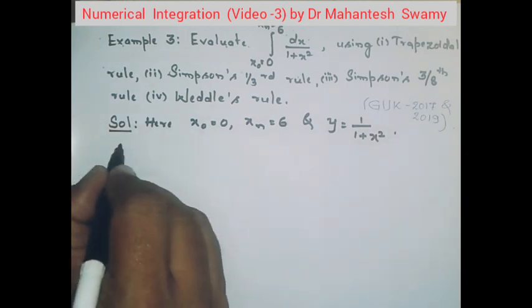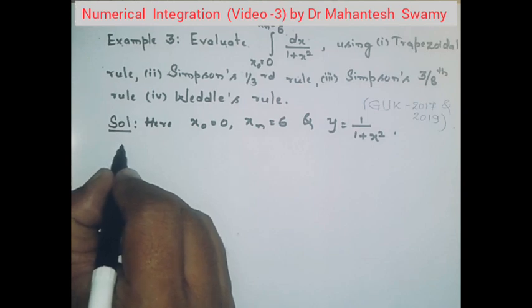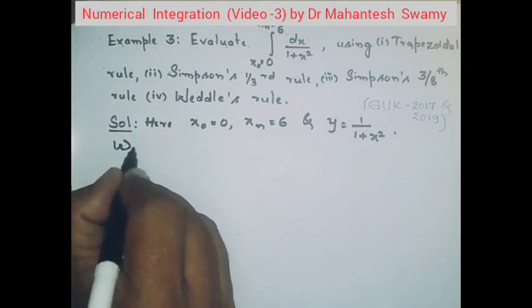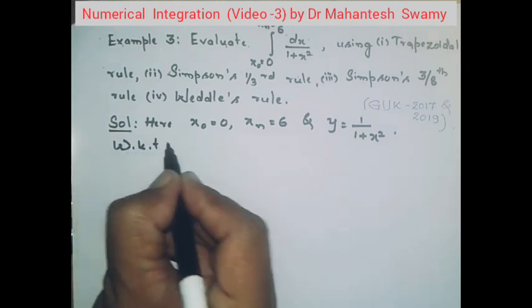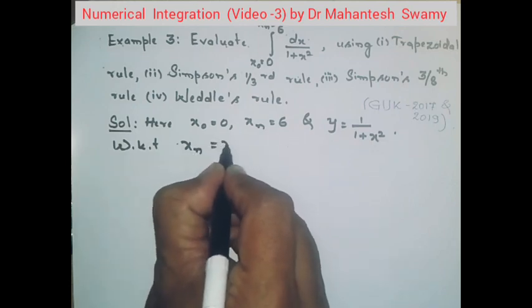Now we have to compute what is n and what is h. In order to compute h, we know that xn is equal to x0 plus nh.